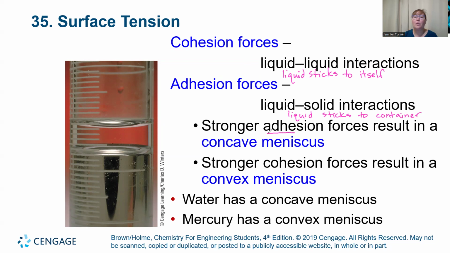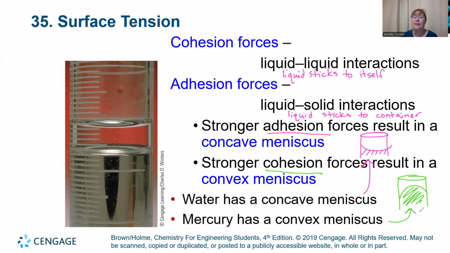Stronger adhesion forces result in a concave meniscus like this. And that's what water does. And then stronger cohesion forces result in a convex meniscus, and that means that it comes over like this.